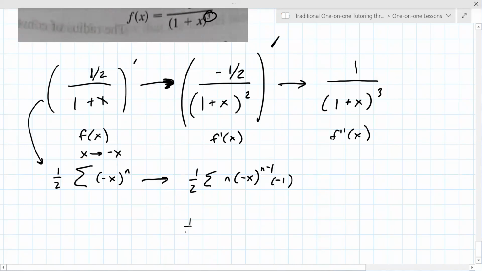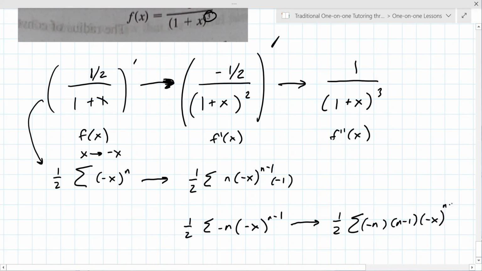Maybe we simplify that a little bit here. Maybe bring the minus out. It doesn't really matter. It cannot go inside parentheses, you cannot cancel with that. But then we got to take another derivative. It's just power rule. I know it's n's, but it's just power rule. So we have 1/2, then minus n times n minus 1 times minus x to the n minus 2, because we subtract 1 from the exponent.